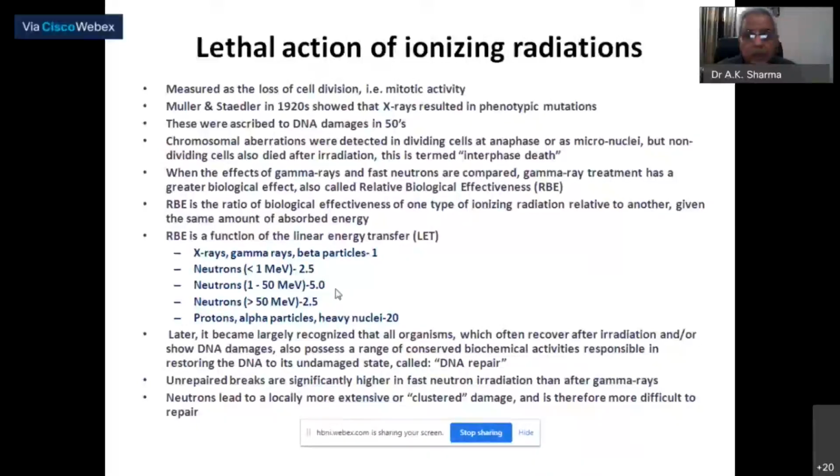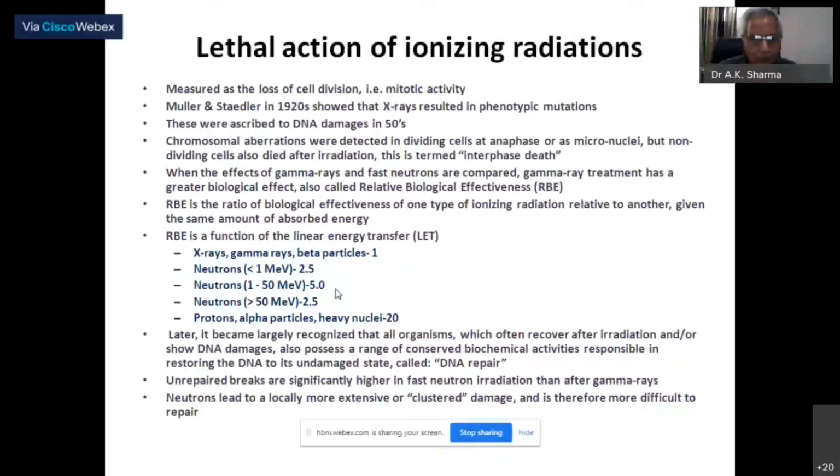So at sublethal doses, every organism has an ability to come back to its regular state of reproduction. So this gave rise to the theory that there is a DNA repair taking place inside, which is later on proved how it happens.